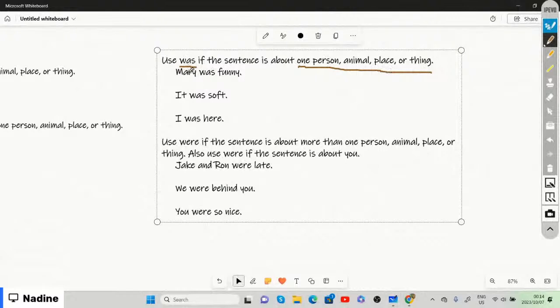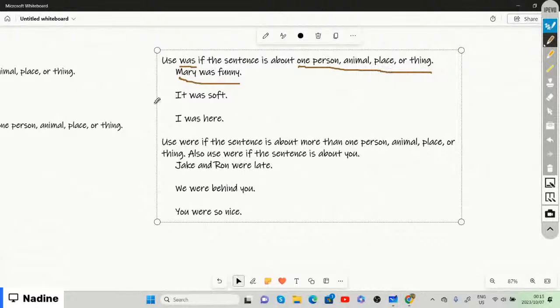For example, Mary was funny, meaning that it happened already. Mary cracked a joke yesterday and she was funny. So it refers to one person being funny, which is Mary, right?